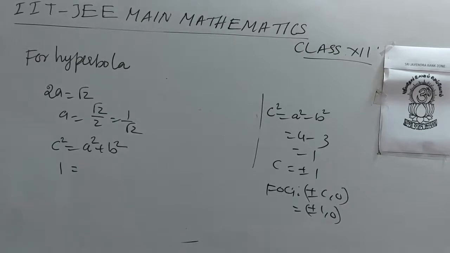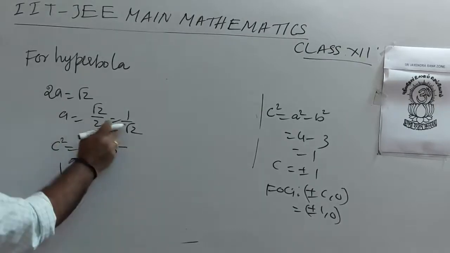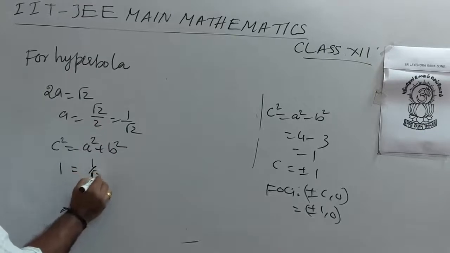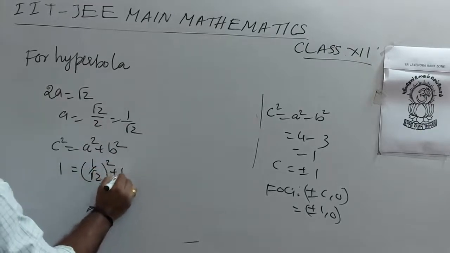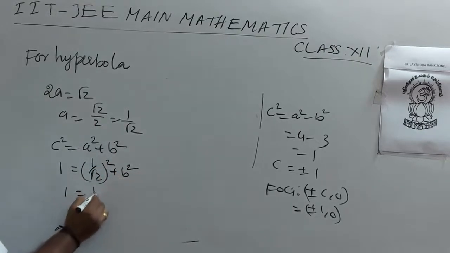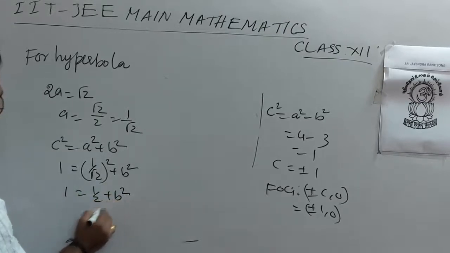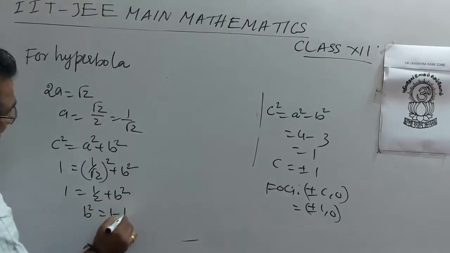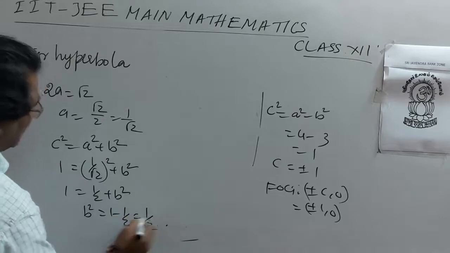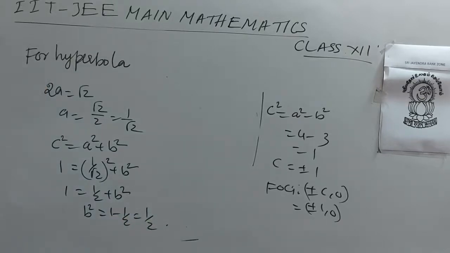For hyperbola, here a equal to 1 by root 2. So 1 by root 2 whole square plus b squared equals 1. B squared equal to 1 minus 1 by 2, that is 1 by 2.